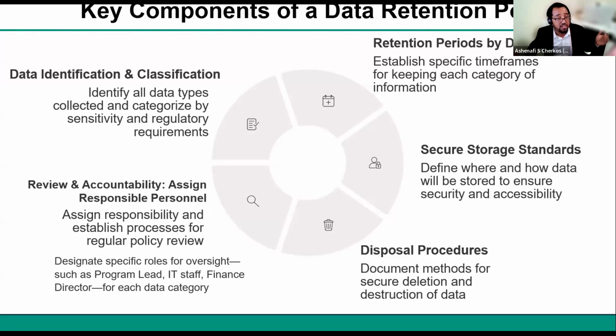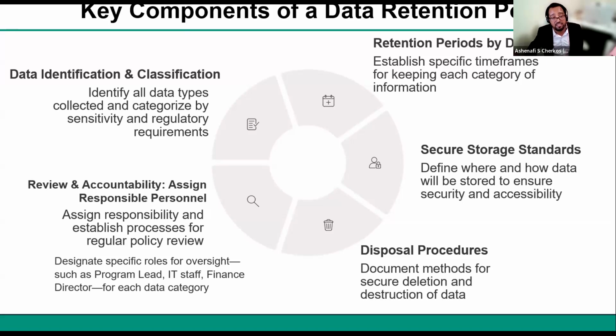Once we identify and classify the data, we need to define or establish a specific time frame for keeping each category of information. In other terms, we need to define how long we are going to retain it. Then we need to specify storage standards. We talked about this last week when we covered data inventory as well.